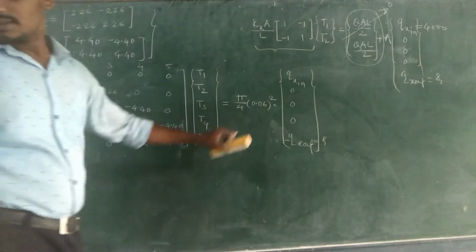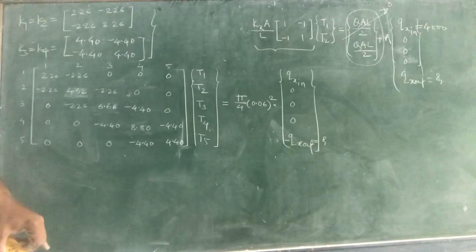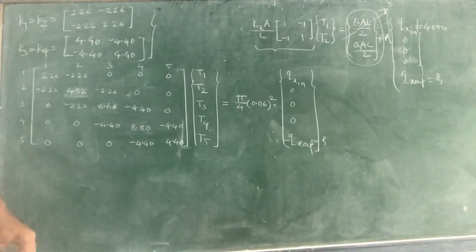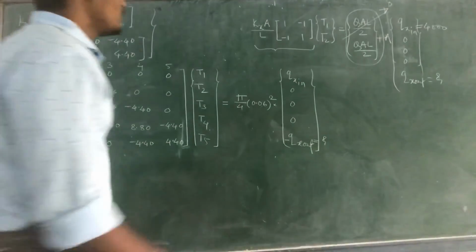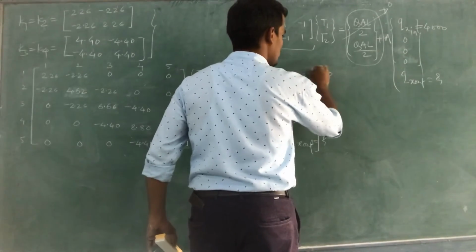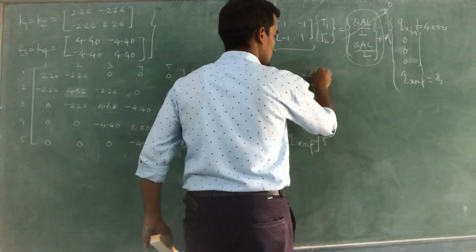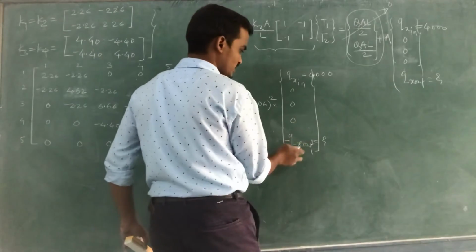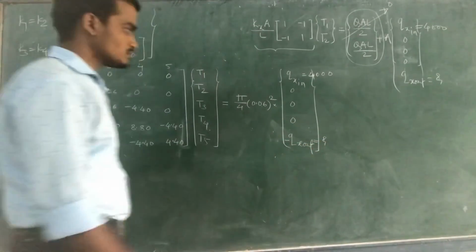Okay, one second. What is the area? qx in we can put 4000, because its value is equal to 4000. It is 0, 0, 0 and qx out we need to find.